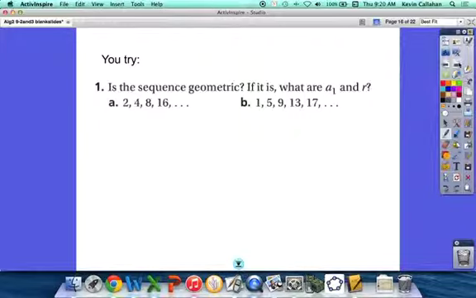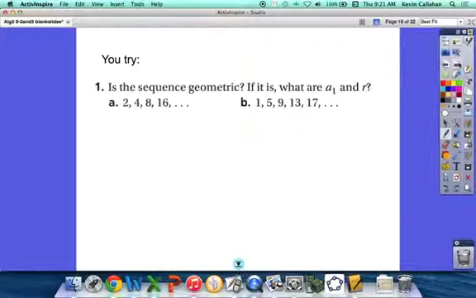Are they? We're not using any formula right now. We're just identifying, is it geometric? Oh, pretty boring here, aren't they?